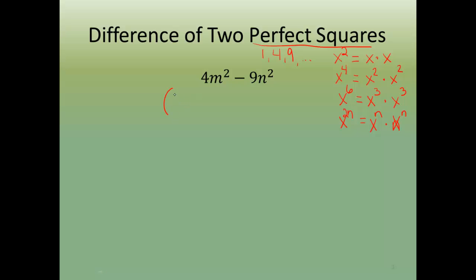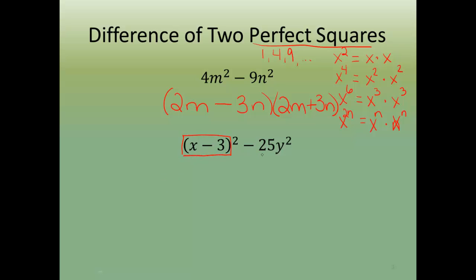When you have perfect squares, I can take their square roots, 2m minus 3n, and then the other factor will be 2m plus 3n. Here's one that has a quantity to the second power.